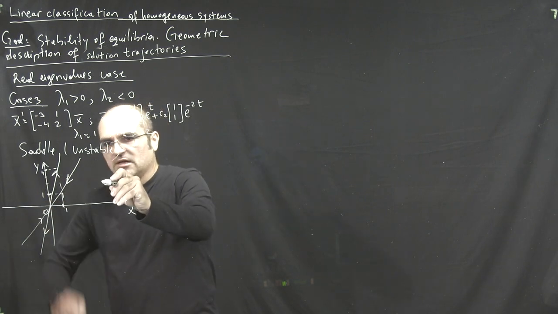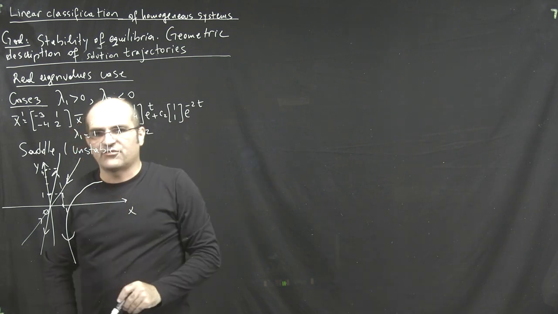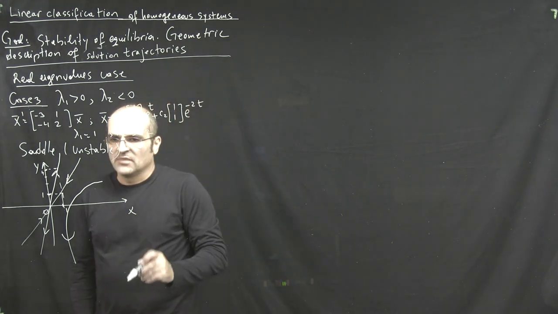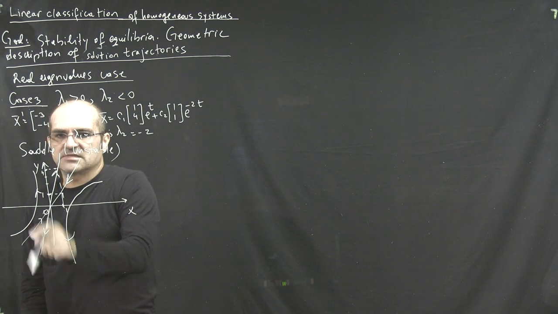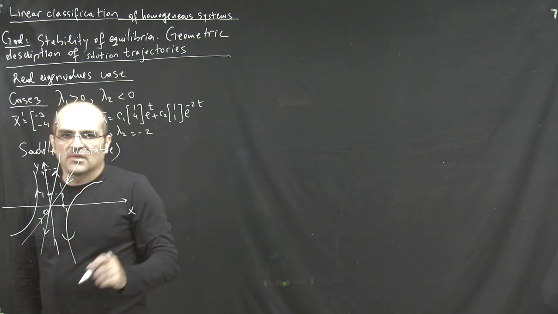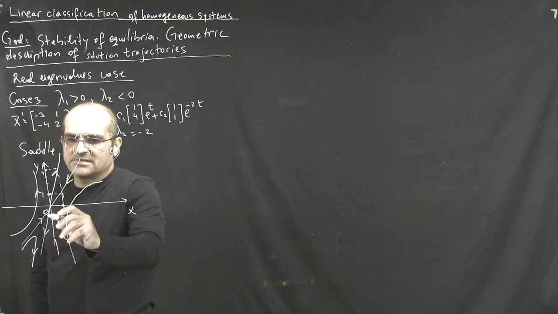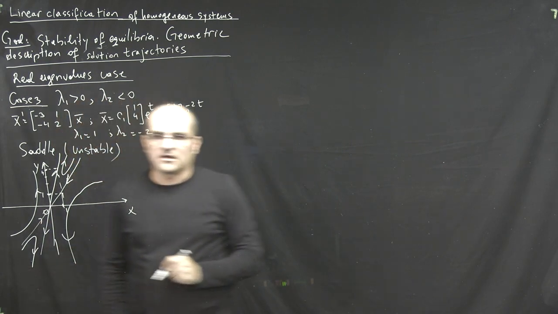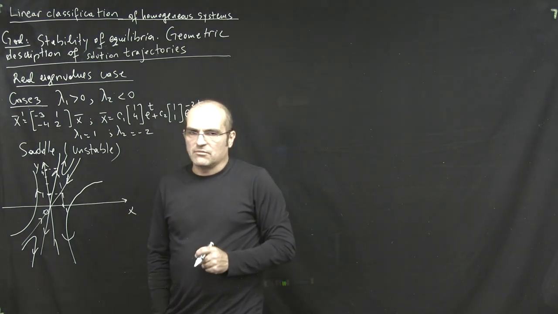So if you start here, this guy pulls the solution towards 0 for a while, but then it moves away from 0 because of the other eigenvector. Same thing here, towards 0 for a while because of this, and then away from 0. In between them, same idea. It's going to look kind of squeezed here, but it's like that basically. So towards 0 because of this, away from 0. Same thing here. Then you have the so-called saddle shape around the equilibrium point.